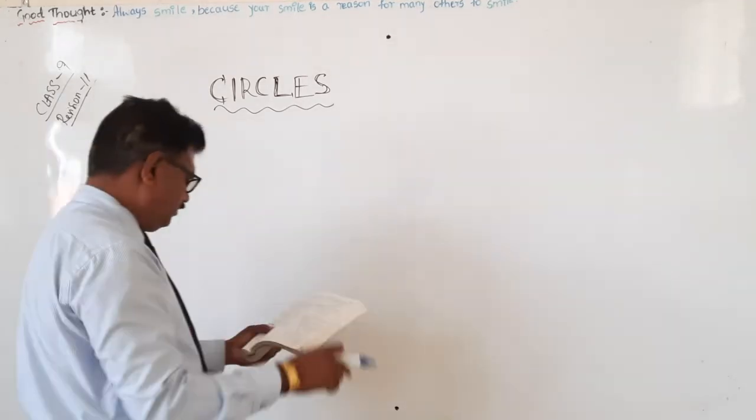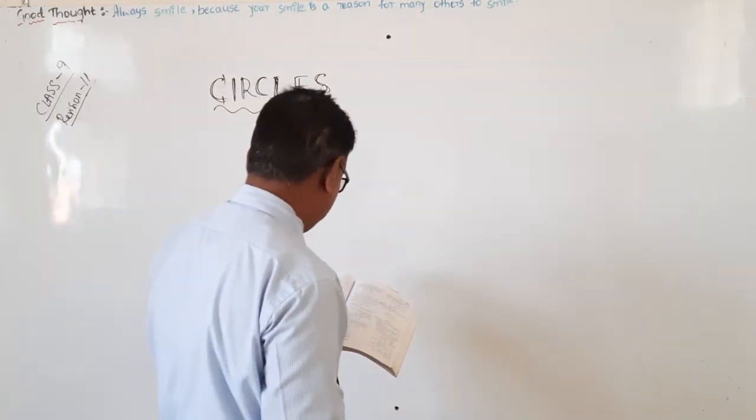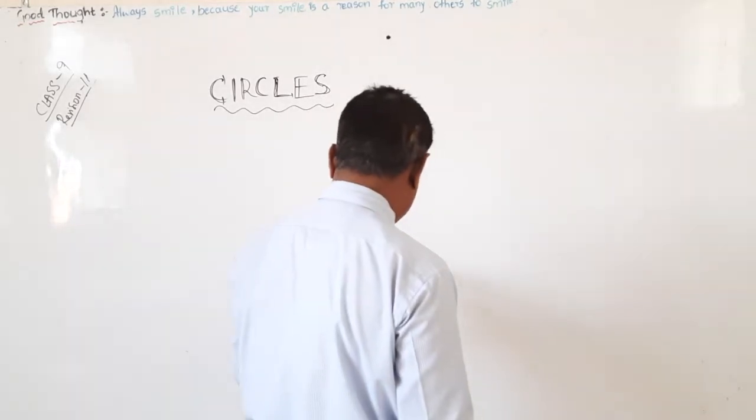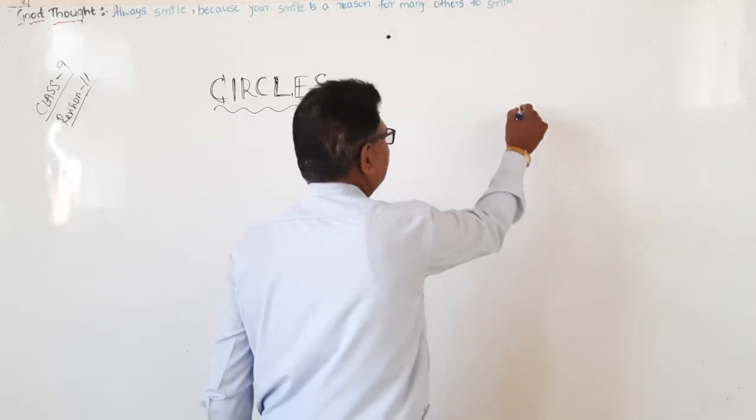One more problem. A chord of a circle is equal to the radius of the circle. See here.